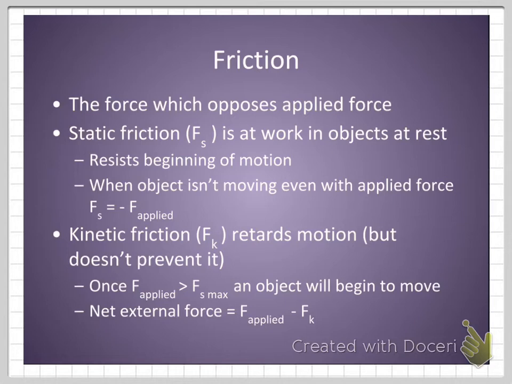In general, well, we'll talk about that in a second. So as long as you're putting a force on an object but the object hasn't started to move yet, the static friction is equal in magnitude to the applied force because it's not moving yet.